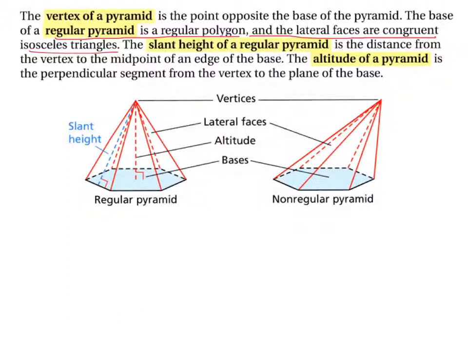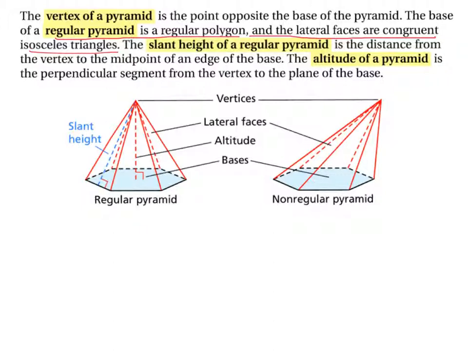So, the vertex of a pyramid would be the point that is opposite the base. So these are the vertices. Now the slant height is the distance from the vertex up here to the midpoint of an edge of a base. Now that's the slant height of a regular pyramid. The altitude of a pyramid is the perpendicular segment from the vertex to the plane of the base.